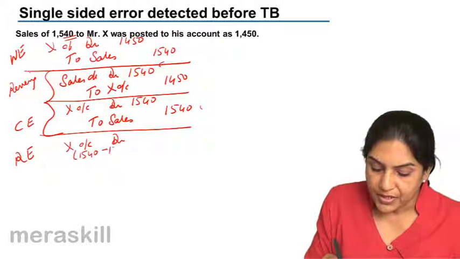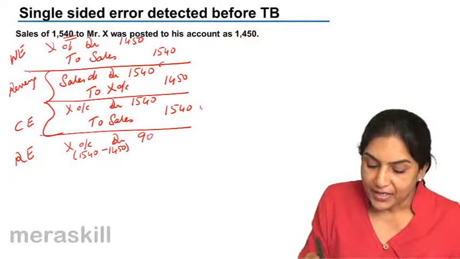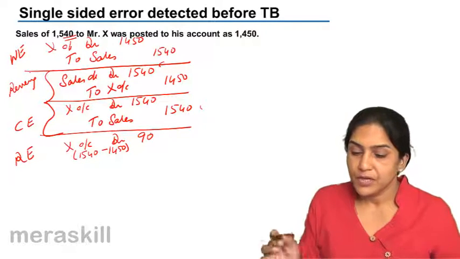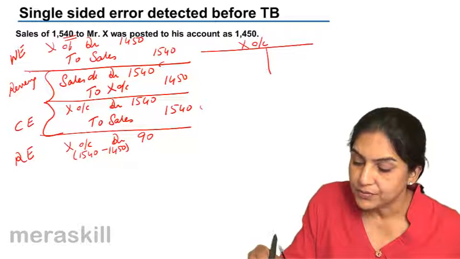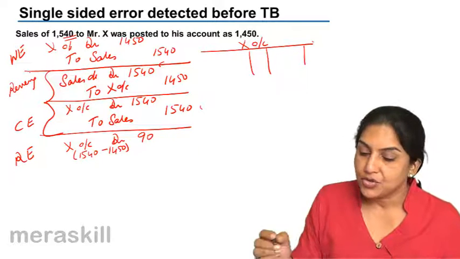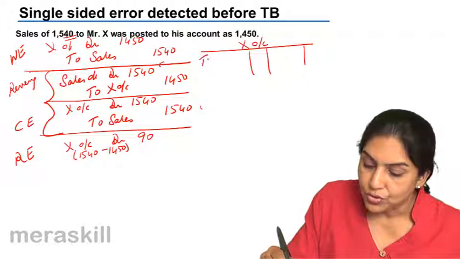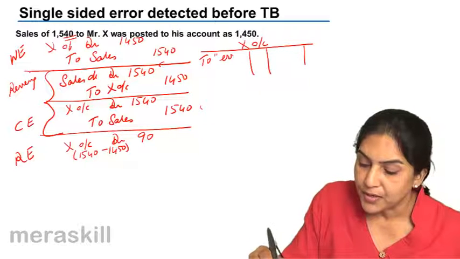1540 minus 1450, an amount of 90 rupees. So how do I rectify? I go to X's account like before and say it needs to be debited. So, to misposting or error in posting.